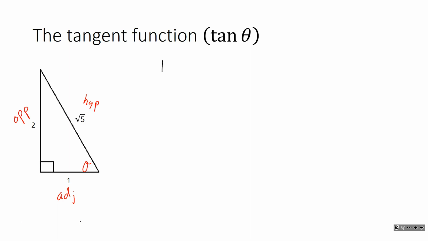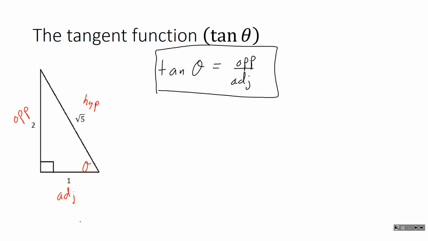And here's your definition. Tangent equals the opposite over the adjacent. What will that be for this problem? The opposite is 2, the adjacent is 1, and 2 over 1 would just be 2. So the tangent of theta equals 2.